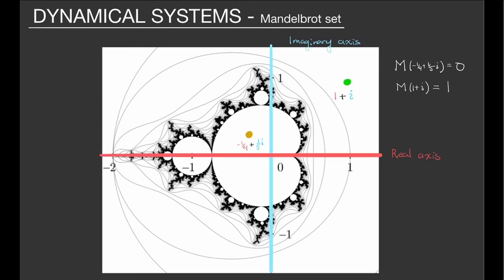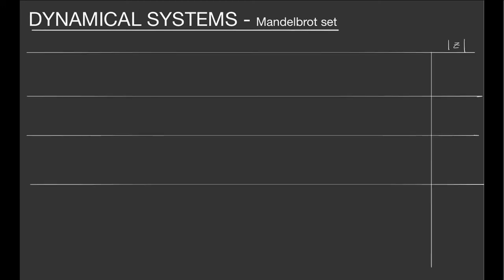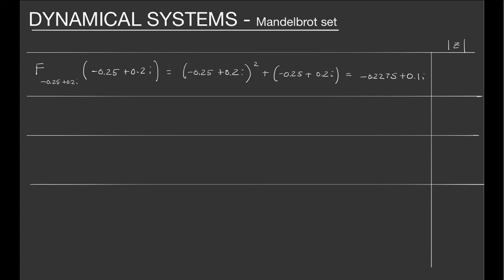Let's show some calculations that you might use to determine whether something's in the Mandelbrot set or not. Let's start by taking the point -1/4 + 1/5 i, and let's substitute it into the function, f sub -1/4 + 1/5 i. If we do that, we substitute it in. That means we're going to take this value, square it, plus the same value we started with, to get this value here.